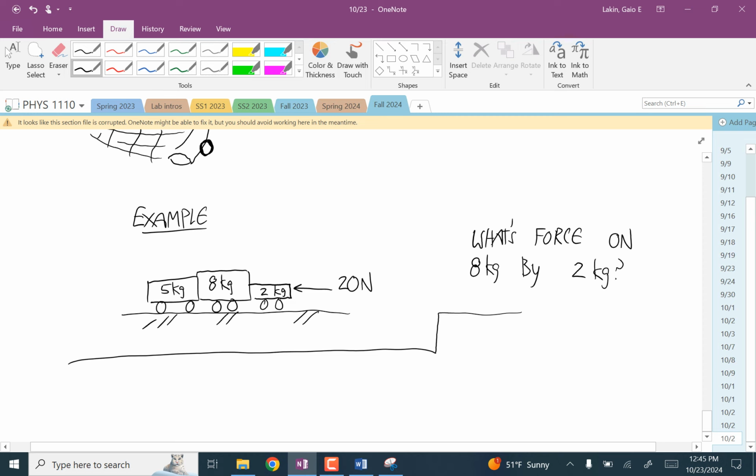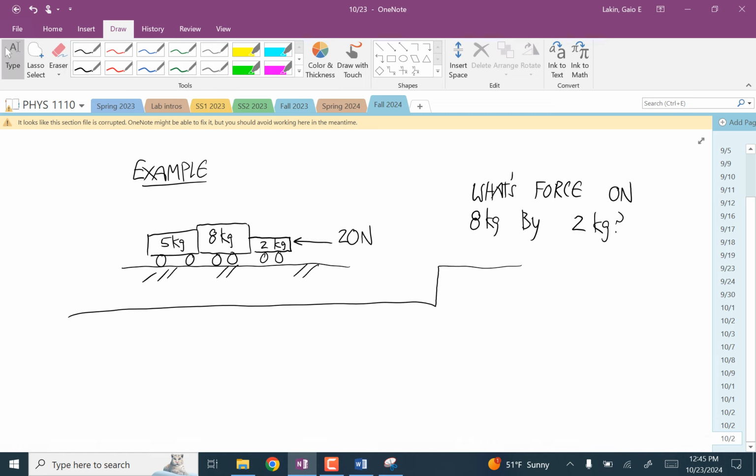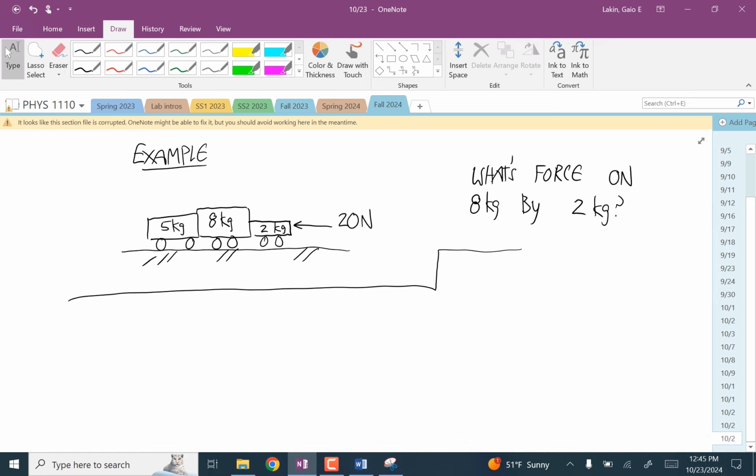Okay, so this is a collection of bodies with the same acceleration. So the first thing we're going to do is isolate the whole system to calculate the acceleration, and then we'll isolate an individual body. Okay? So free body diagram of the whole system.